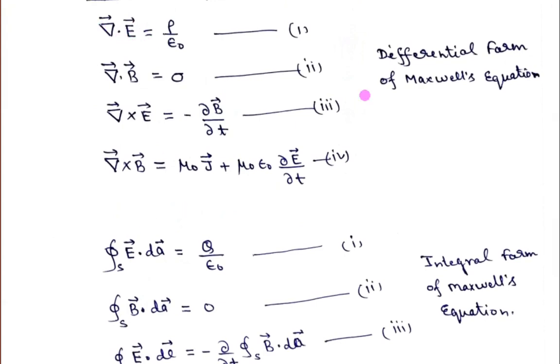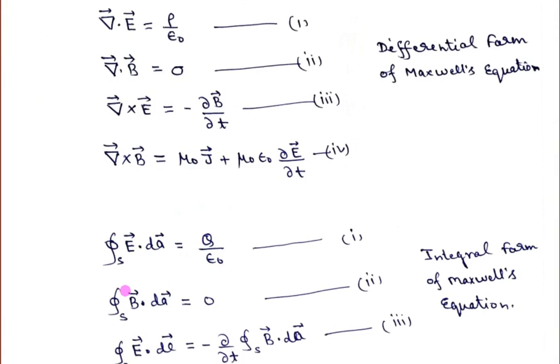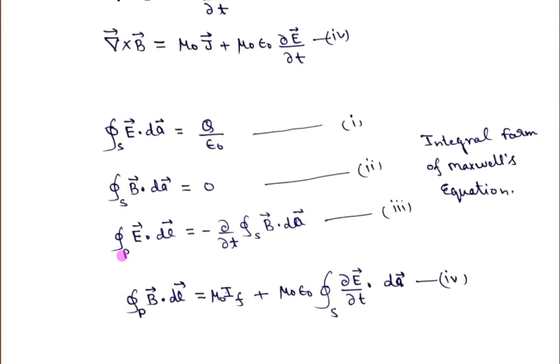In integral form, it is the surface integral of E dot dA equal to Q upon epsilon 0; the surface integral of B dot dA equal to 0; the line integral over a closed path of E dot dl equal to minus del upon del t of the surface integral of B dot dA; and the line integral over a closed path of B dot dl equal to mu 0 I plus mu 0 epsilon 0 times the surface integral of del E upon del t dA.